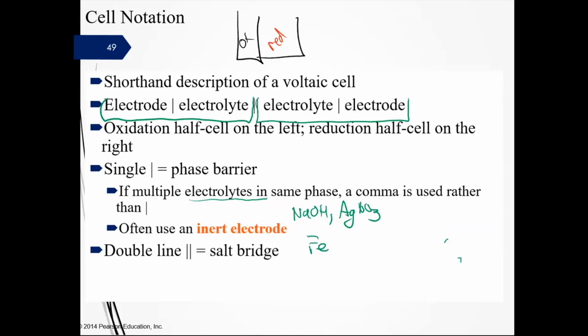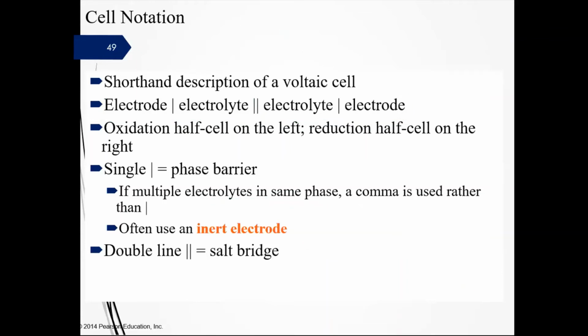Or you could even see something like our FeCl2 and our FeCl3 for a reaction could look something along those lines, where our anode is the +2 version, and it's going to be oxidized to our +3 version, right? And so we can do that. Normally what that means is we use an inert electrode.